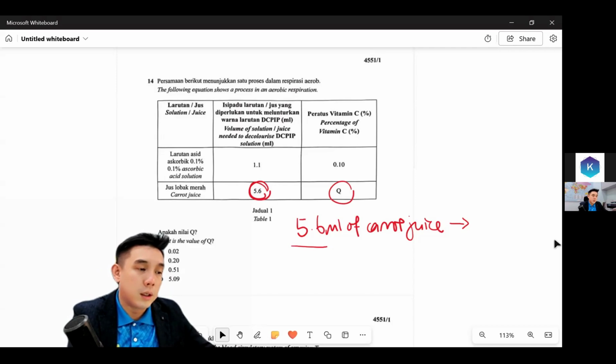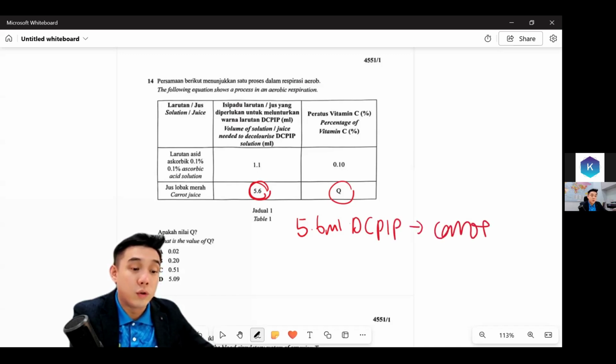5.6 ml of DCPIP is needed to decolorize the carrot juice.